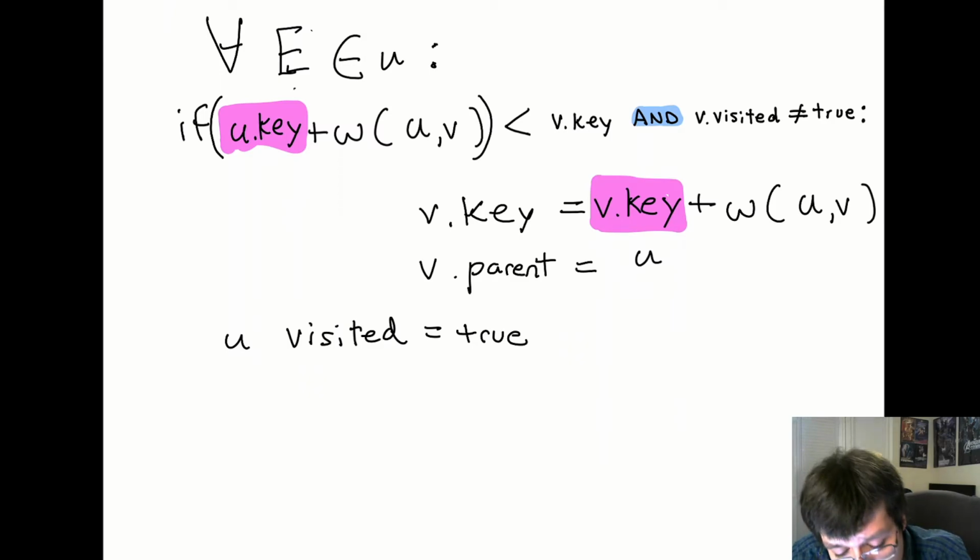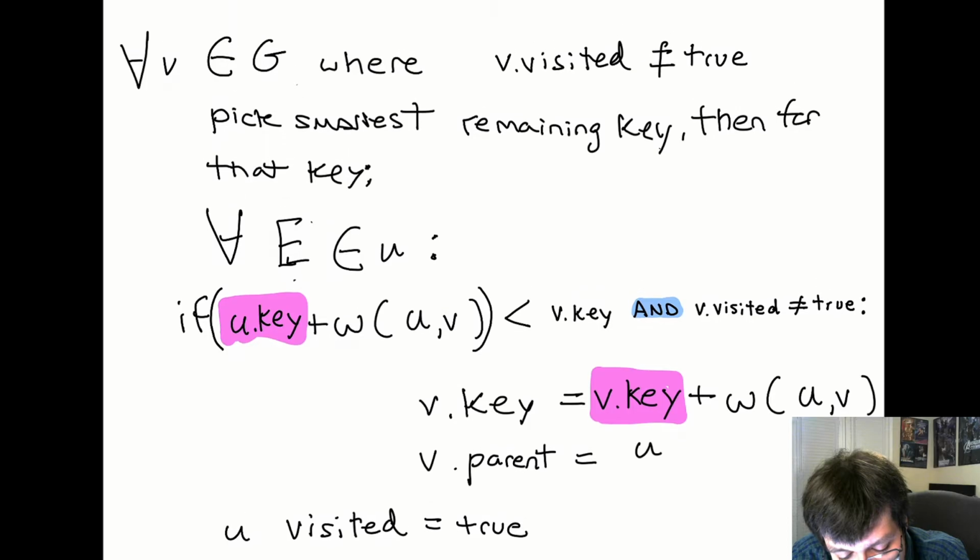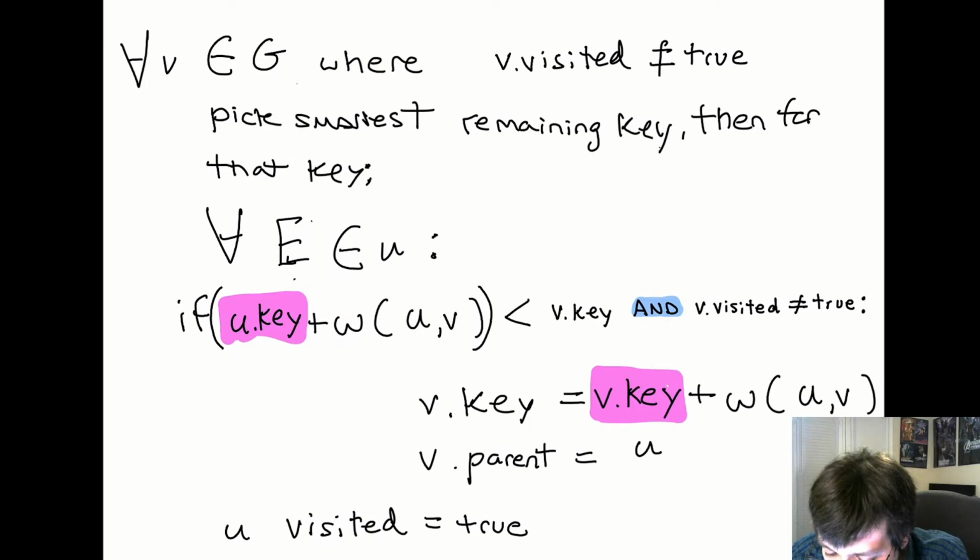For all edges that are elements. What is the uppercase E in this scenario? There are elements of U. I think it's edges actually, but I'm not sure. Hold on, check my notes.